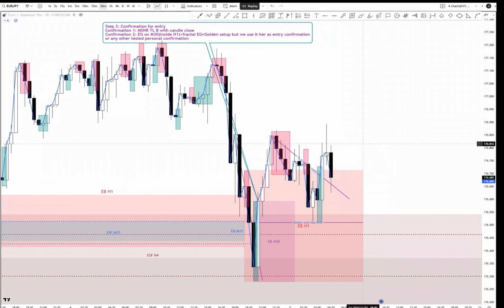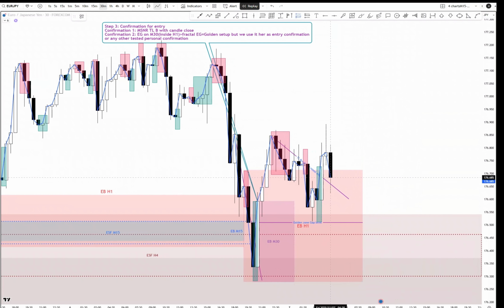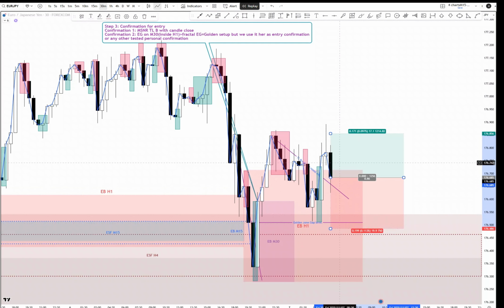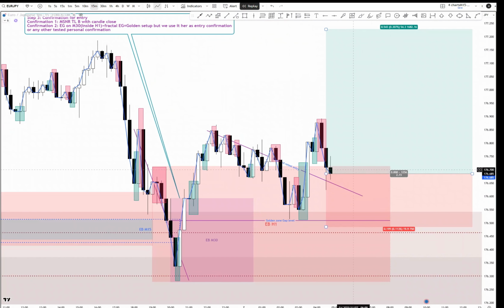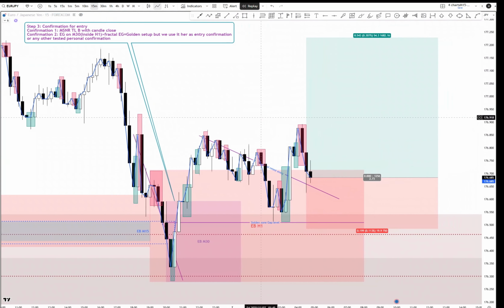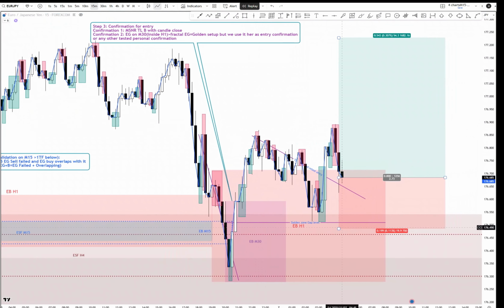Now, here you're going to adjust your stop in a very safe zone. You can enter here, or you can go to one time frame below. It is not mandatory; it is just something you can do. You can put your stop behind the zone, which is close, so it's going to give you more RR.